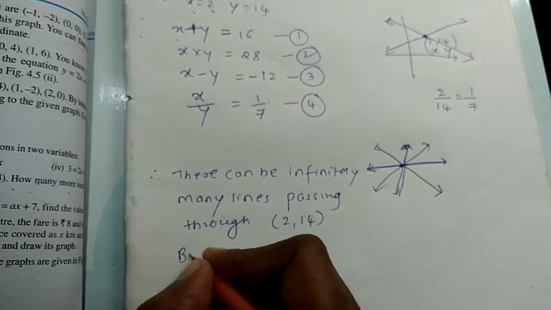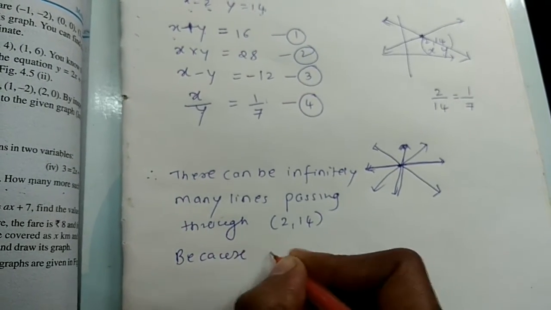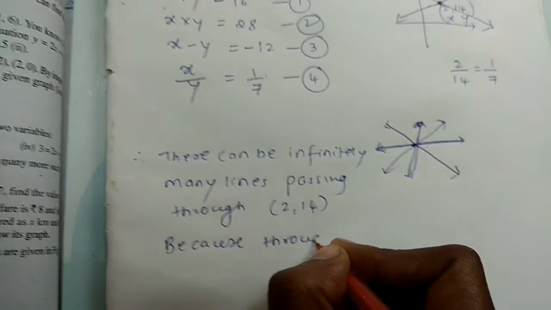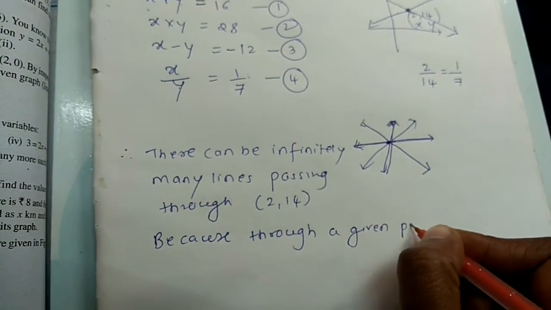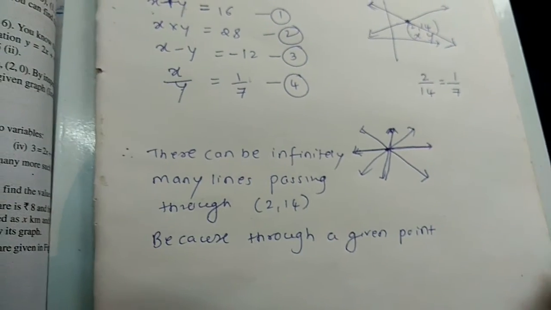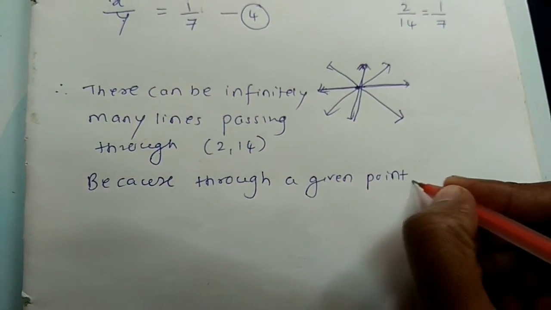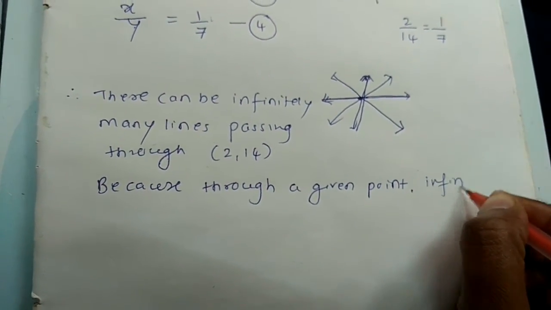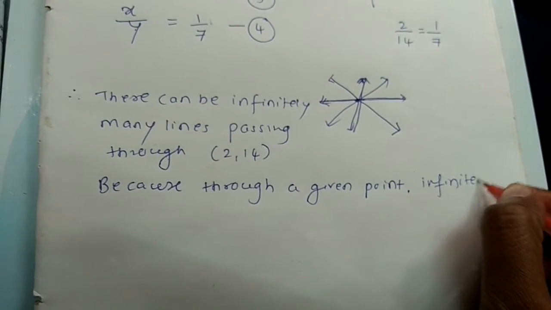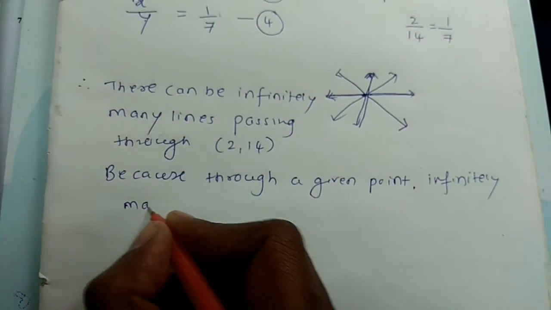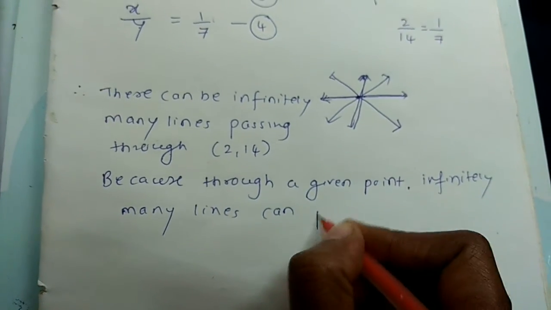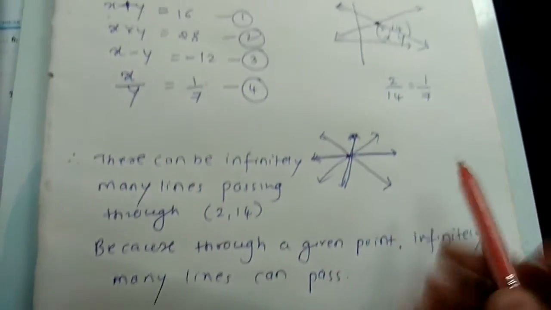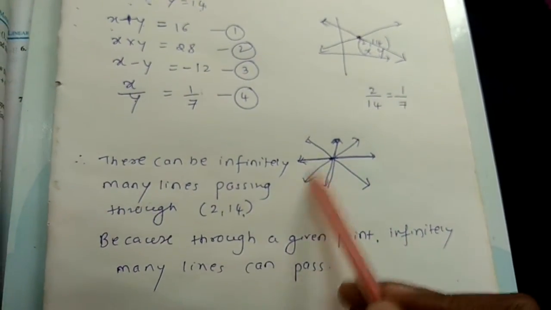Because through a given point, as I have shown here, infinitely many lines can pass. So this solution is of many lines.